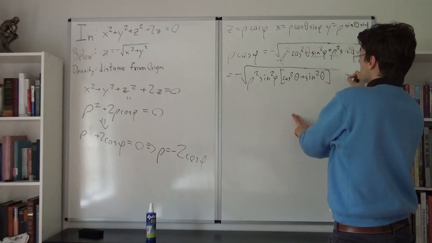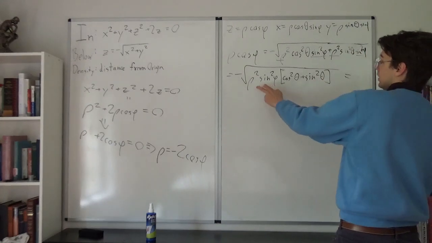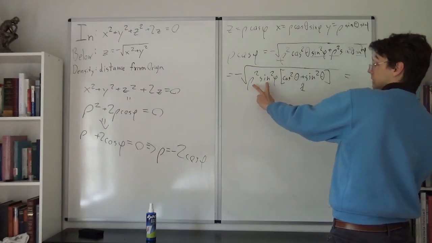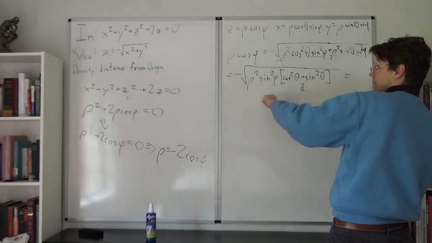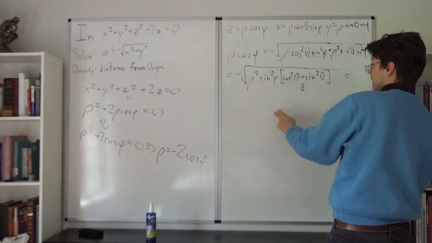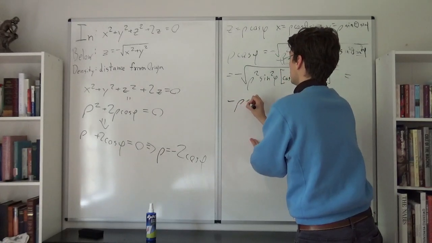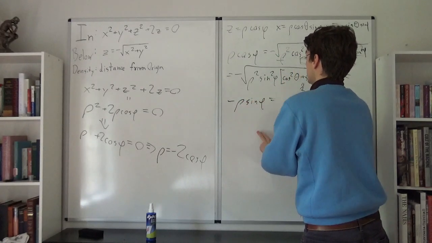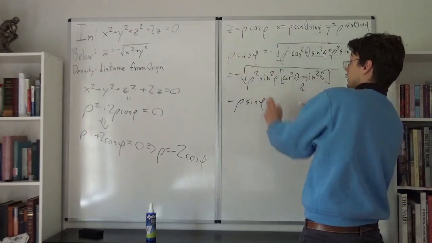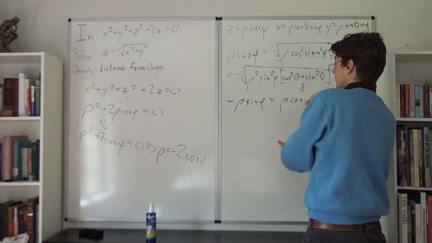That's just going to be 1. Taking the square root, this turns into just rho sine phi. So I end up with negative rho sine phi is equal to rho cosine phi.